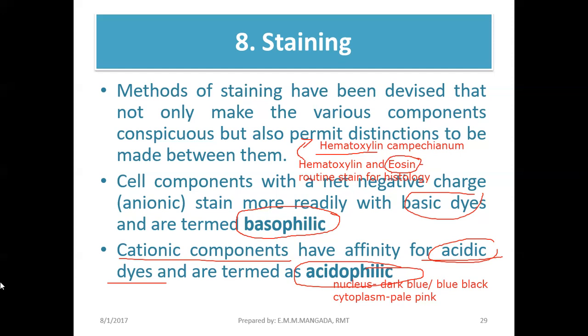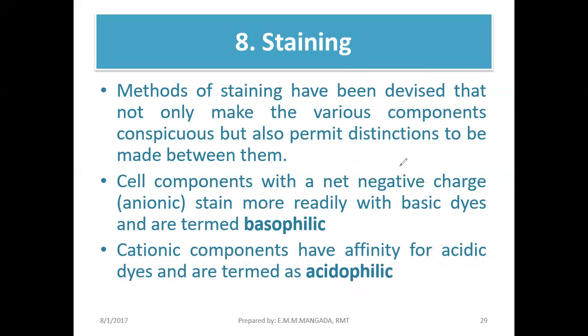Your anionic components have affinity to basic dyes, thus they are called basophilic. An example is your hematoxylin. That's staining. Again, for routine histology or histopathology, the routinely used staining technique is hematoxylin and eosin staining.